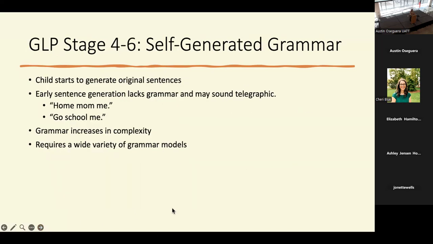And then GLP stage 4 to 6 is self-generated grammar. This is when kids start to generate original sentences. When they're first starting out, like in stage 4, the sentence generation lacks grammar. So at the beginning in stage 1 they may seem like they have a lot of grammatical morphemes, and then by stage 4, they're sounding more telegraphic, and you might think, is that a language regression?